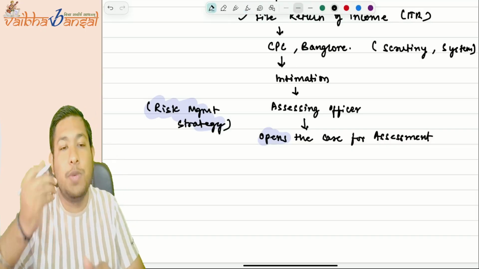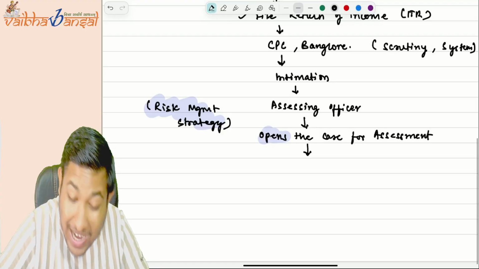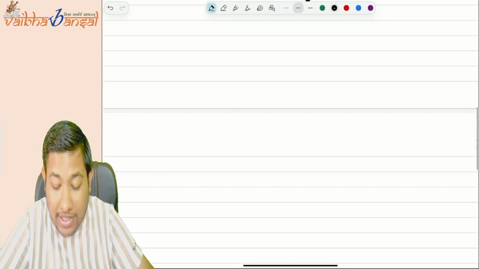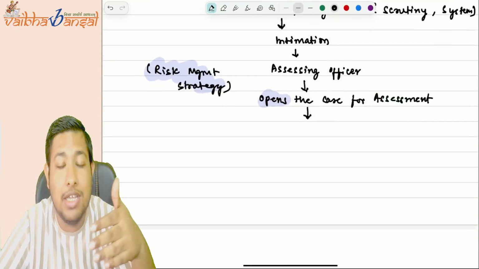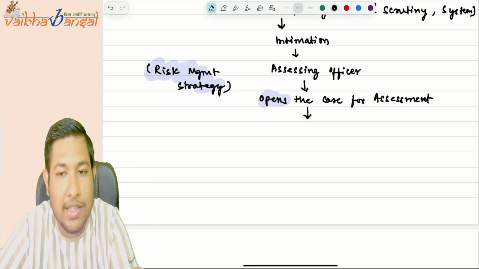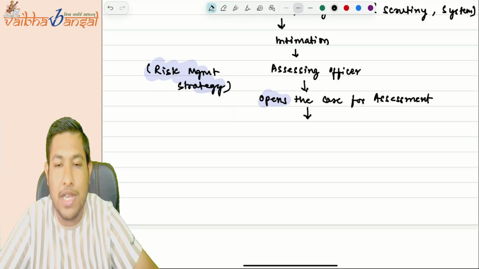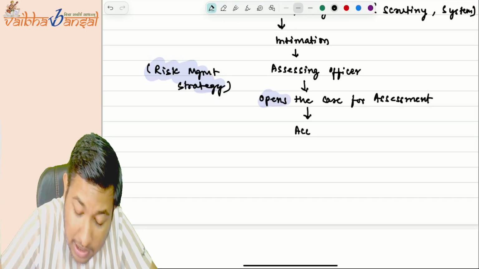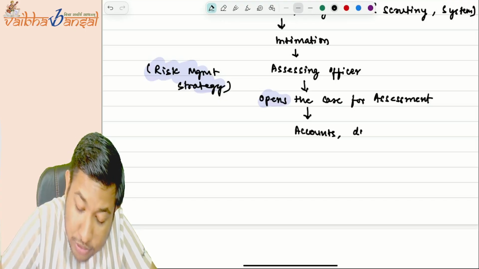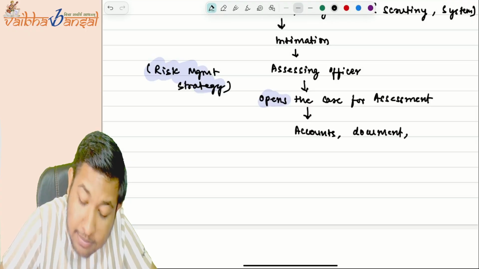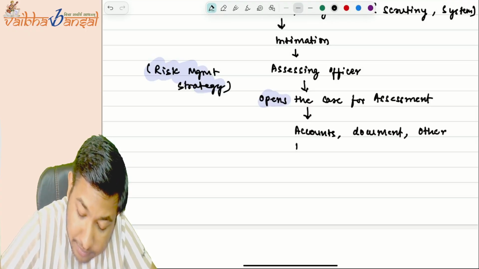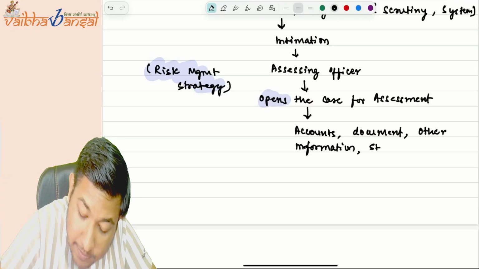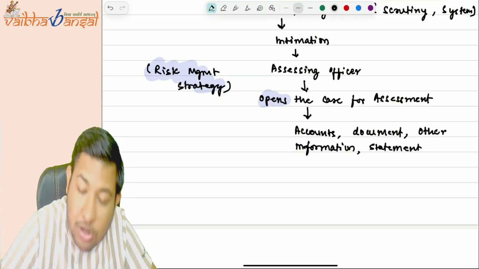Whenever he opens up the case for assessment, to verify the claims, to have a reason to believe whether the assessee has honestly paid the tax liability or there is a mismatch, he needs some accounts, some documents, some other information, a statement of statements or other things.